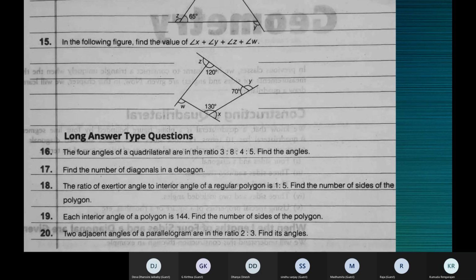Ma'am, the angles are 30 and 150 degrees. 30 and 150, yes, you're right. Correct.